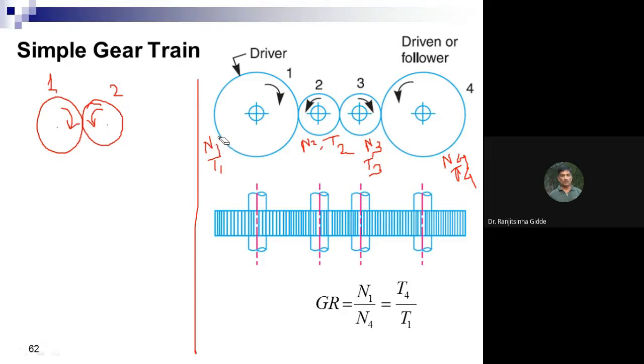The speed of gear number 1 is n1 in rpm. The number of teeth of gear number 1 is t1, gear number 2 is t2, gear number 3 is t3, gear number 4 is t4, and the speeds are given as n1, n2, n3 and n4.